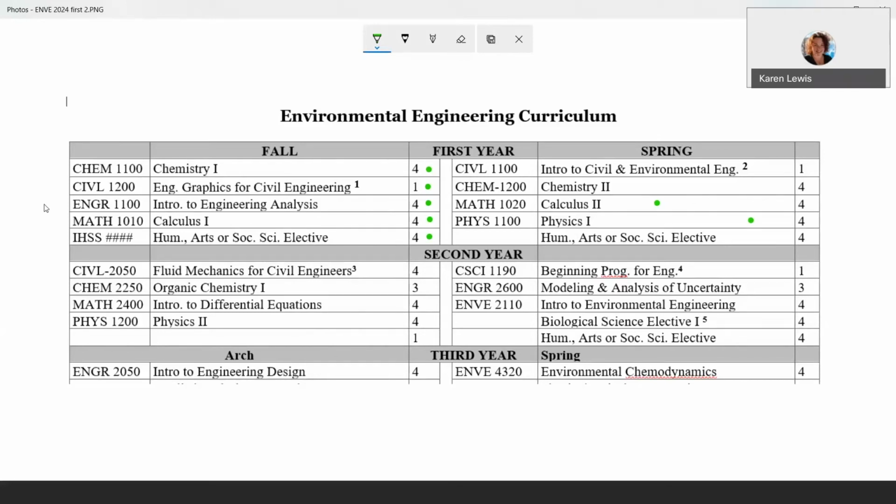So for example, if you have credit for Calc 1, we're going to cross that off, and then you would enroll, as I mentioned before, in Calc 2. If you've already completed Calc 2, then we're going to move down to this third semester math course. Math is the prefix, and you would enroll in differential equations.